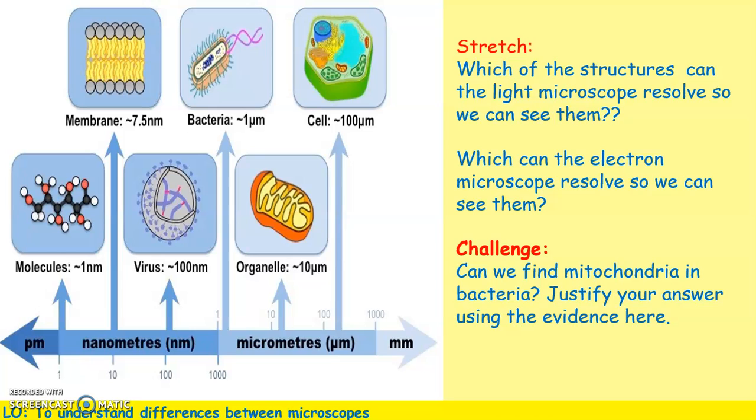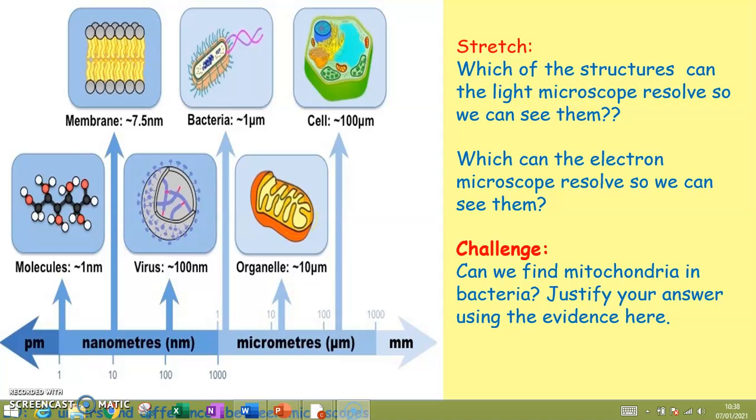And which can the electron microscope resolve? So we said that the resolution of a light microscope would allow us to see cells and possibly some organelles, but not very clearly, while our electron microscope would allow us to see bacteria, viruses, cell membranes, and even down to the atomic level, sometimes even atoms. So have a go with these questions for me then, please. Pause the video now.